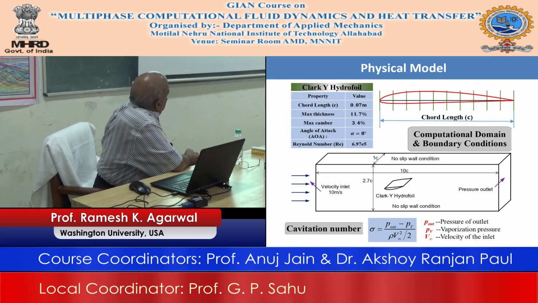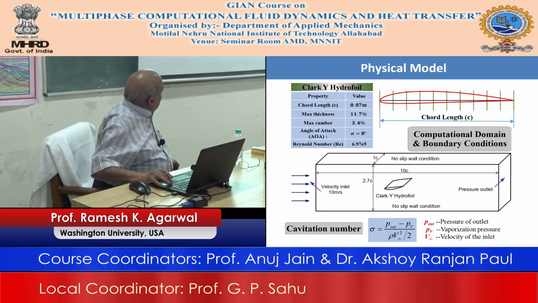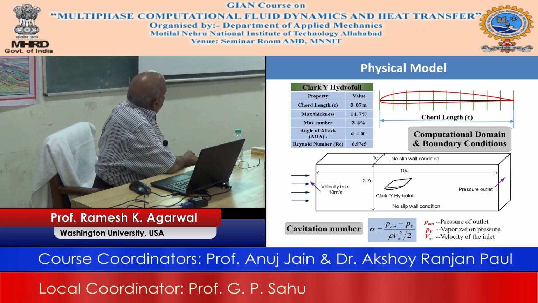So there is a thick aerofoil, and this is a very famous aerofoil, Clark Y, and this is a cavitation number, and so you can mesh it, and then these are the data on this aerofoil, and this is a computational domain and boundary conditions, and this is cavitation number, and again this is Fluent. So you can see all these turbulent flow, turbulent model and all that.